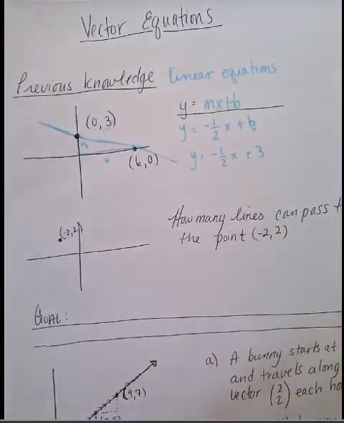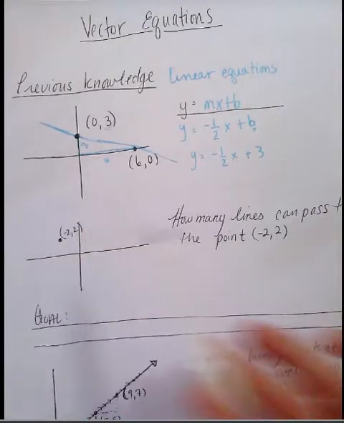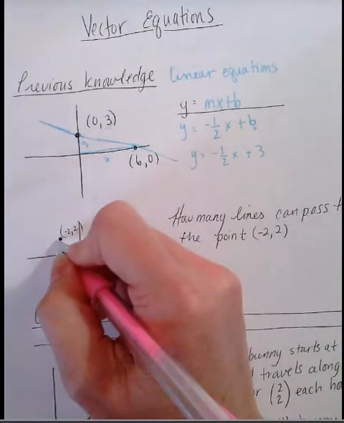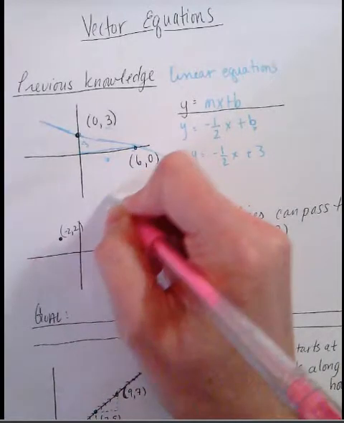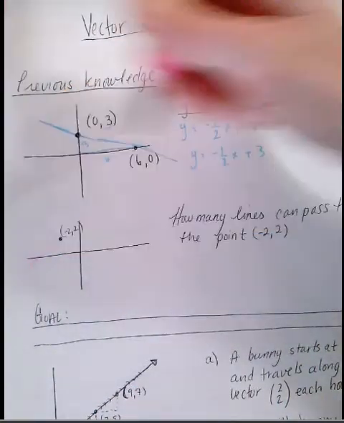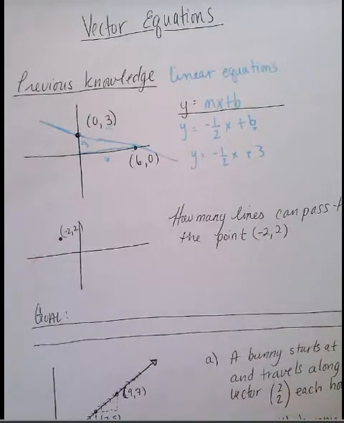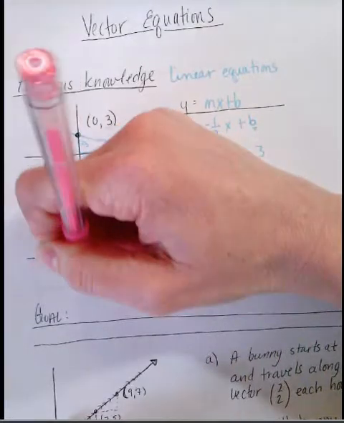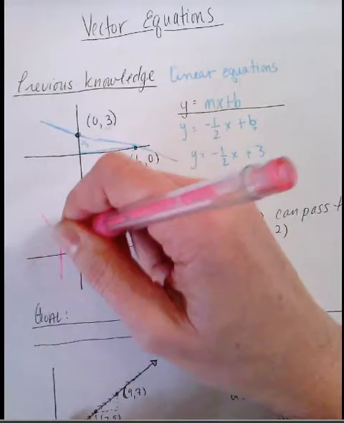So if we had a point like -2, 2, we would be able to write an infinite number of equations that could go through that, right? You could have one that went this way, or one that went perpendicular to that, or one that runs this way.